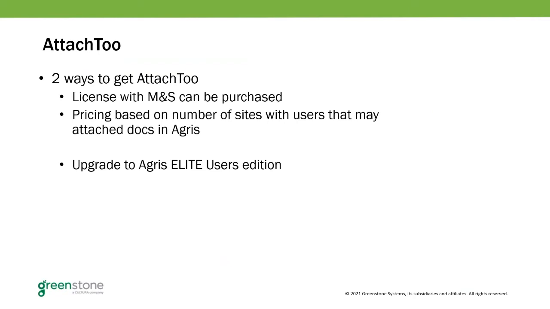So if you do all of your documentation in one main site, you only need one instance. If you have folks at several different sites that might be using it, then that would be different. The other way is to upgrade to the AGRIS Elite Users Edition, and then AttachTo is included in the Elite users.